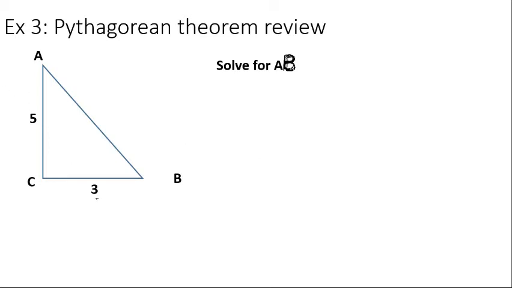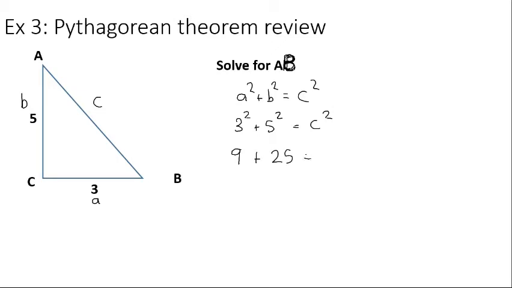So again, remember this is A, B, and C. So again, A squared plus B squared equals C squared. So here I have 3 squared plus 5 squared equals C squared. So 3 squared here is 9 plus 25 equals C squared. So I just add 9 and 25. That gives me 34.